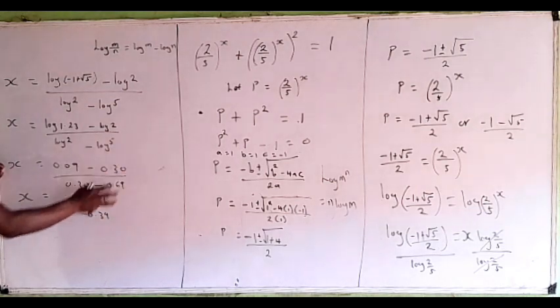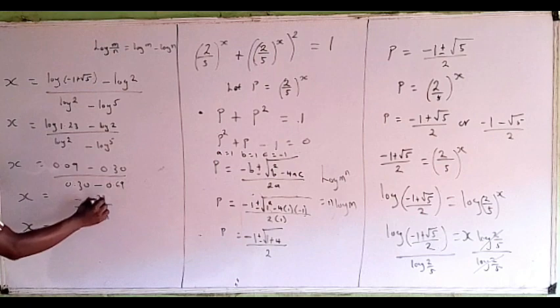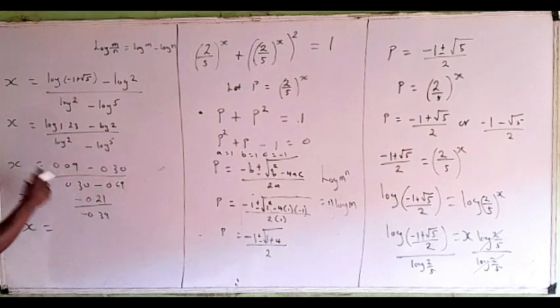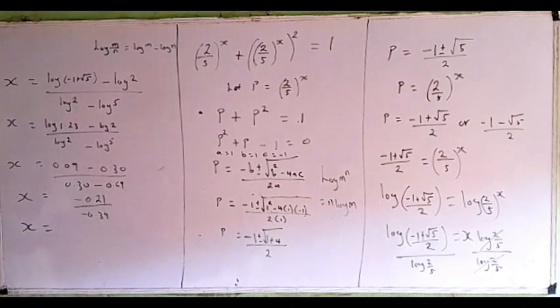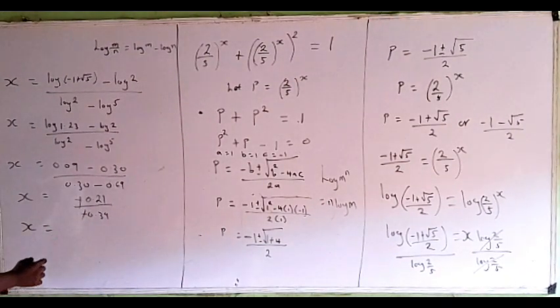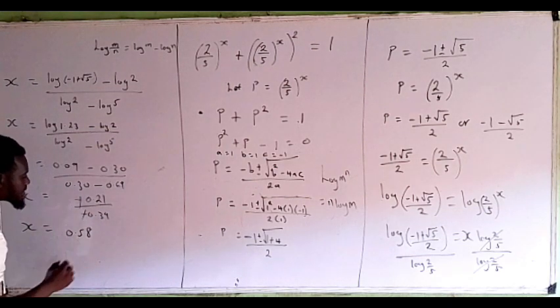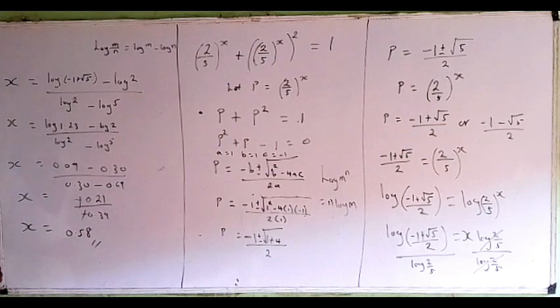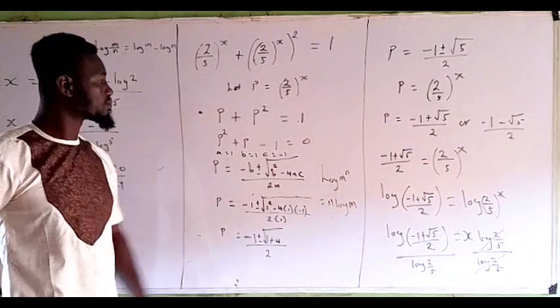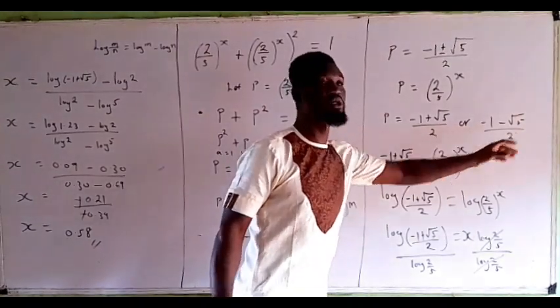So when you do the simplification, that will give you minus 0.21 to 2 decimal places all over minus 0.39. So this divided by this, minus cancels minus, that will give you 0.58, okay.